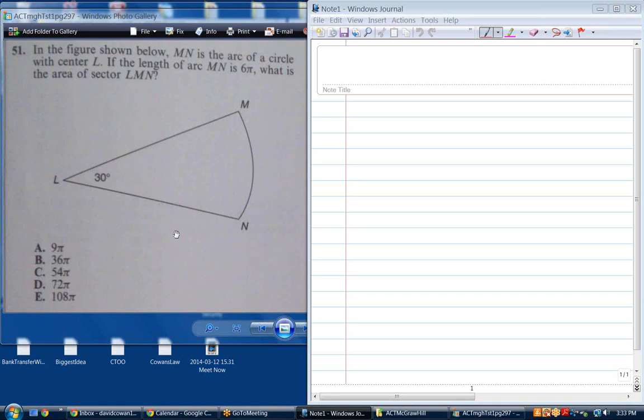Alright, so what would the circumference of the circle be if that arc length is 6 pi?